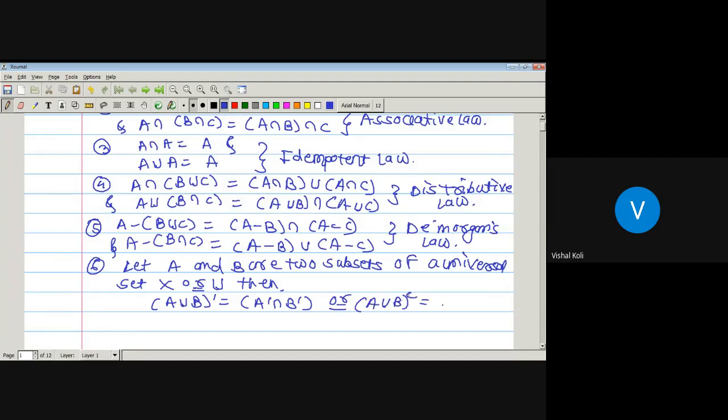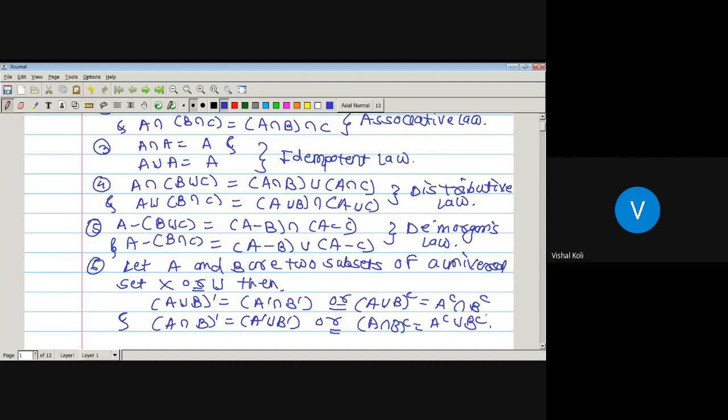And in that second one, (A intersection B) complement is equal to A complement union B complement.